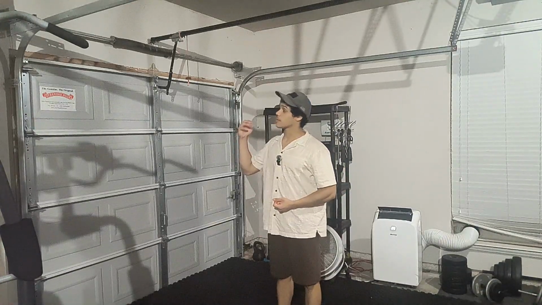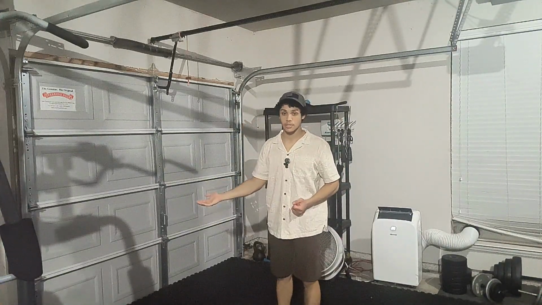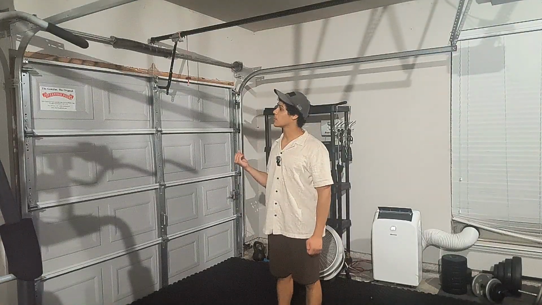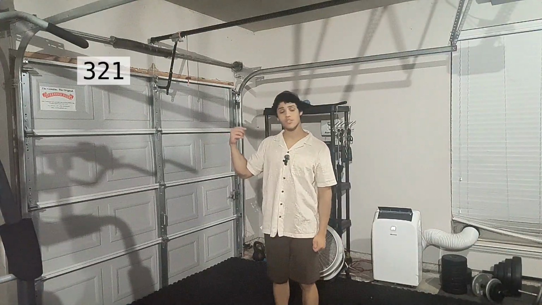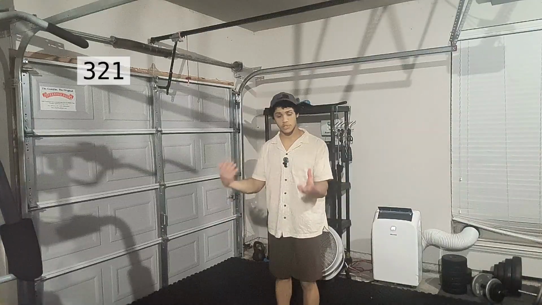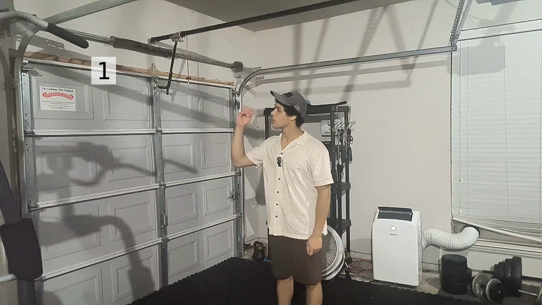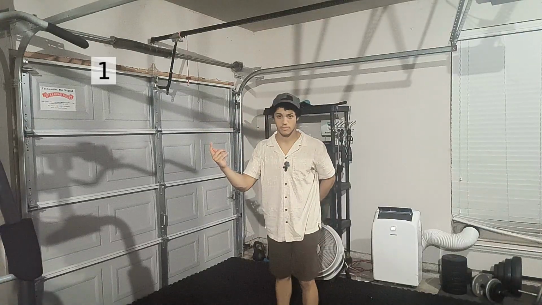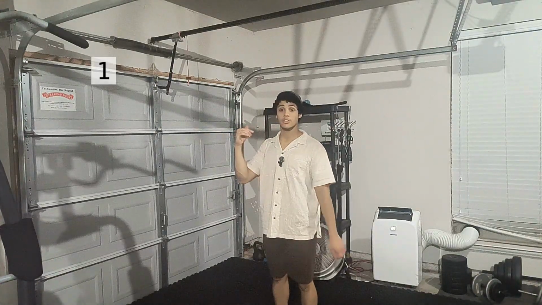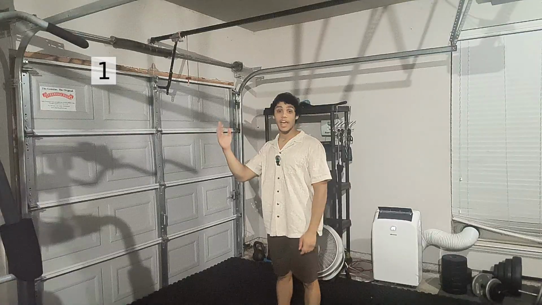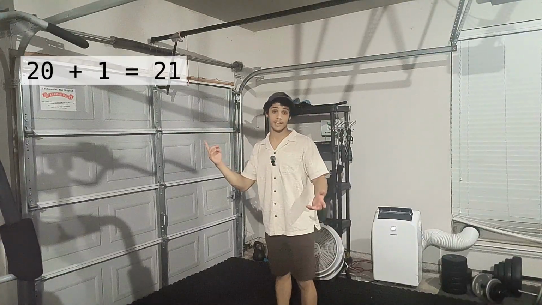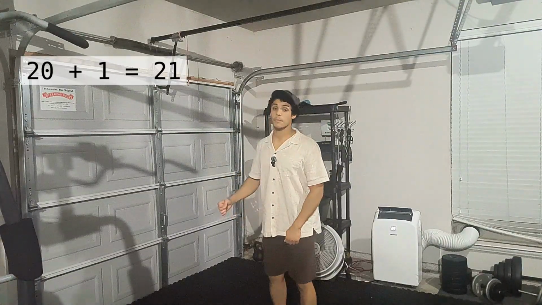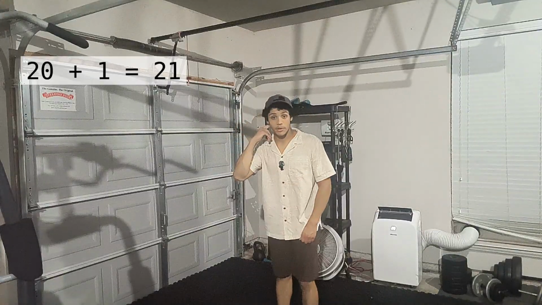And the same applies for 100s numbers. If we have the number 321, let's start with 1, okay? We have the number 1. How can we turn this into 21? Okay, well, we add 20, so we put a 2 there. And that 2 is worth 20. Now, how can we make this 321?